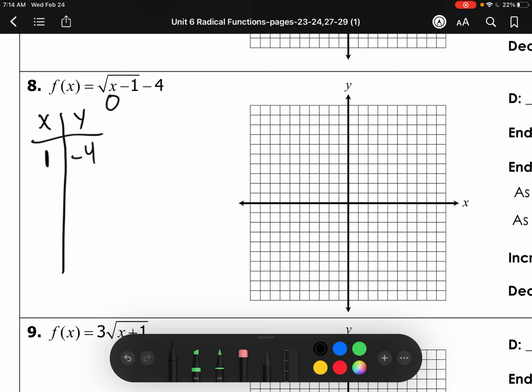So you can't plug in 0 into this function because you would get the square root of 0 minus 1, which is the square root of negative 1, and you can't do that. So that's why we can't plug in 0. So your starting point would be what makes your radicand 0, right, which is 1. And then you get 0 minus 4 is negative 4. So our starting point would be at 1, negative 4.